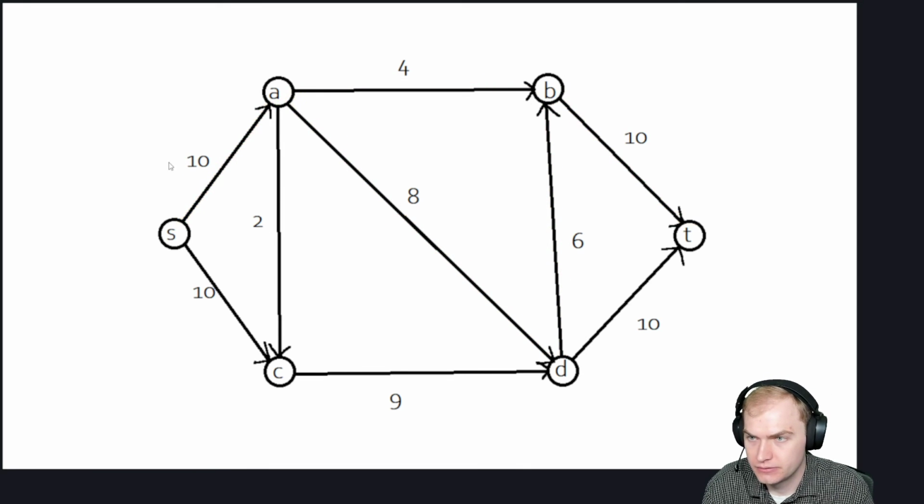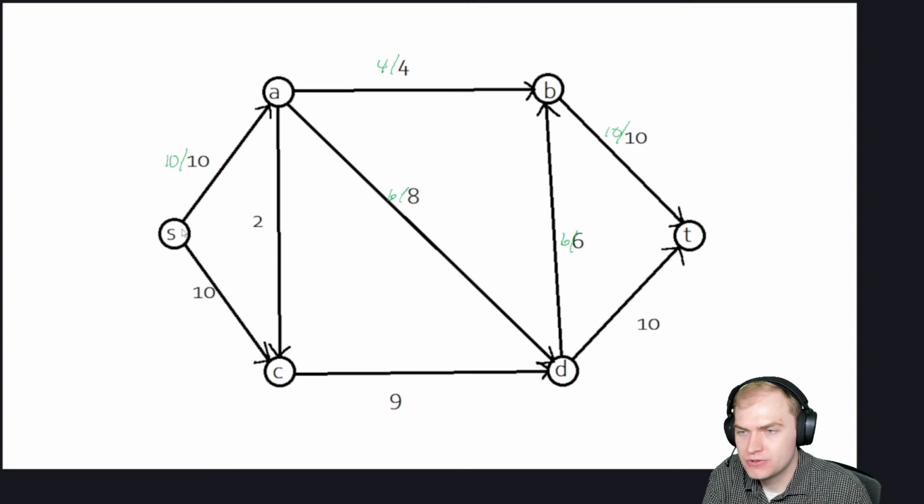So let's do another iteration. We can't use S to A because it's at full capacity.